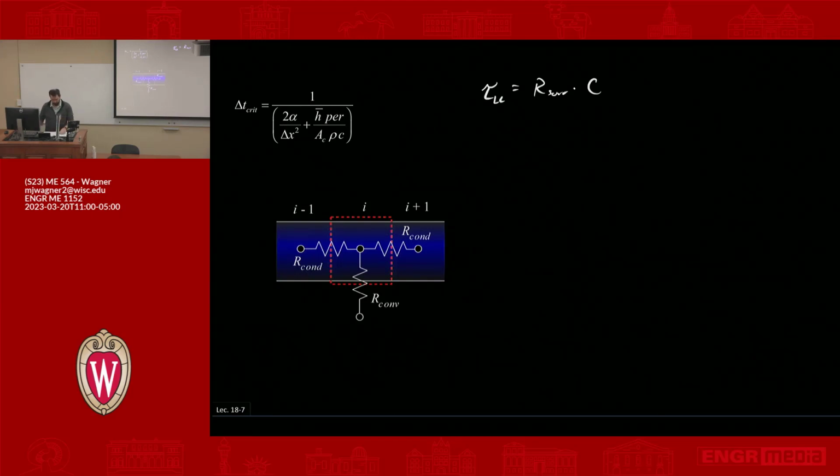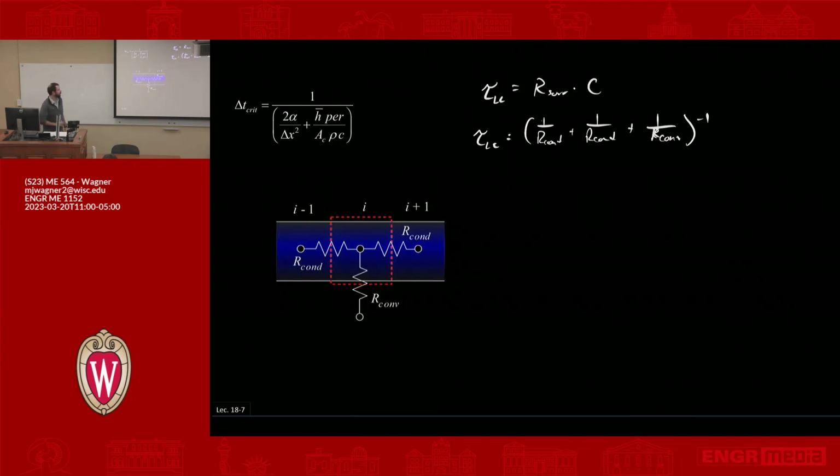So we would write this as tau LC is equal to the three different parallel paths. So you'd have 1 over R conduction plus 1 over R conduction plus 1 over R convection, all to the minus 1 power.